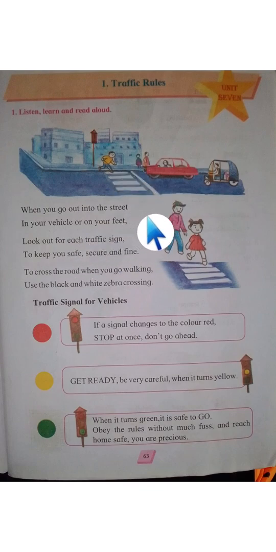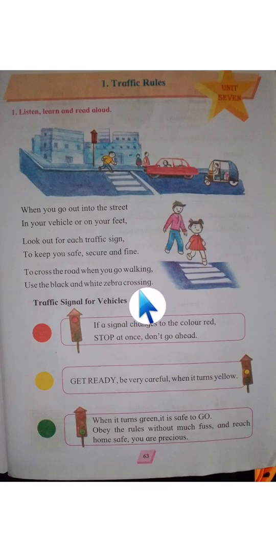What will be the result if we look at each traffic sign? It will make us safe, secure and fine. Safely we can cross our path and our street and get to the place where we want to go.